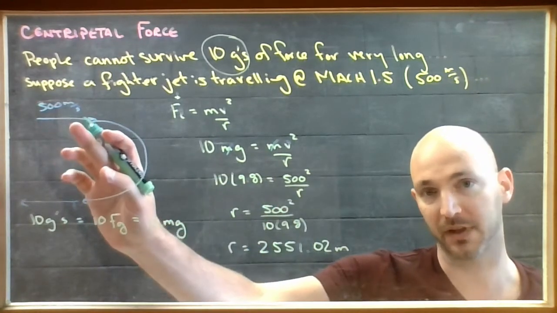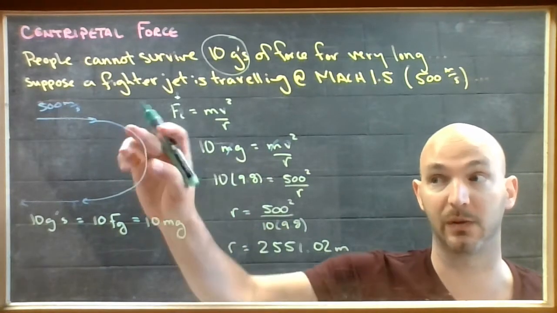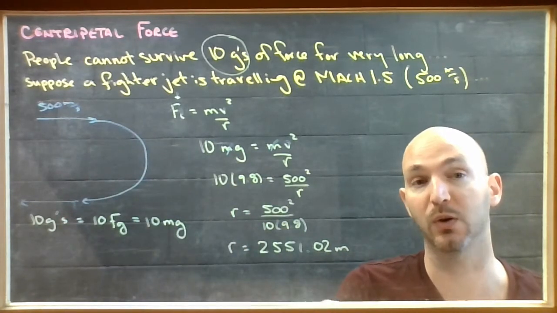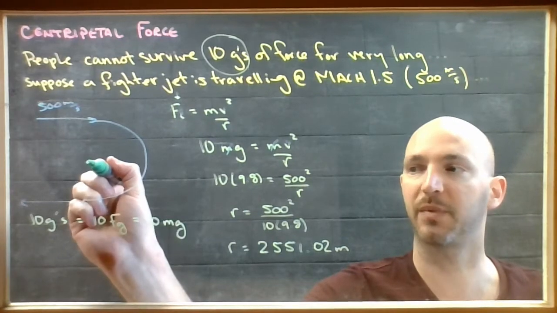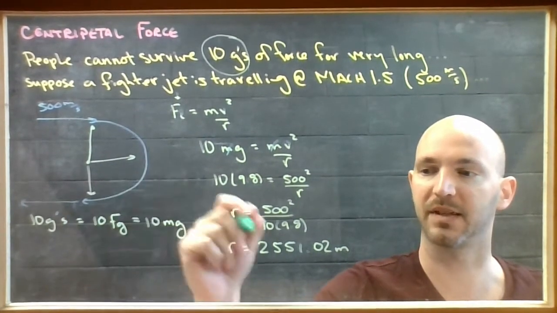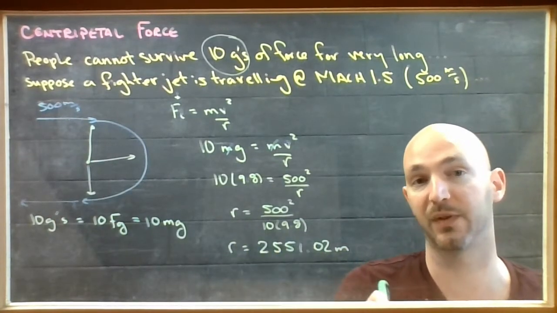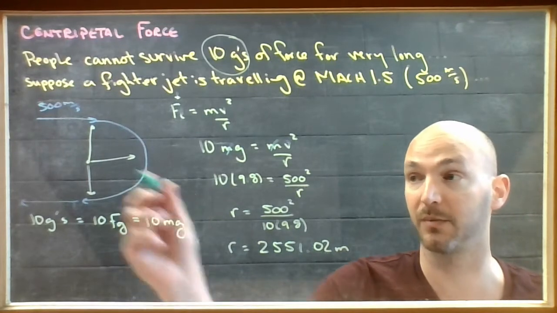So if you're traveling in a plane that fast and you want to not kill yourself when you execute this turnaround maneuver, you have to pilot the craft so that the radius of this path is about 2,550 meters. That's 2.5 kilometers.